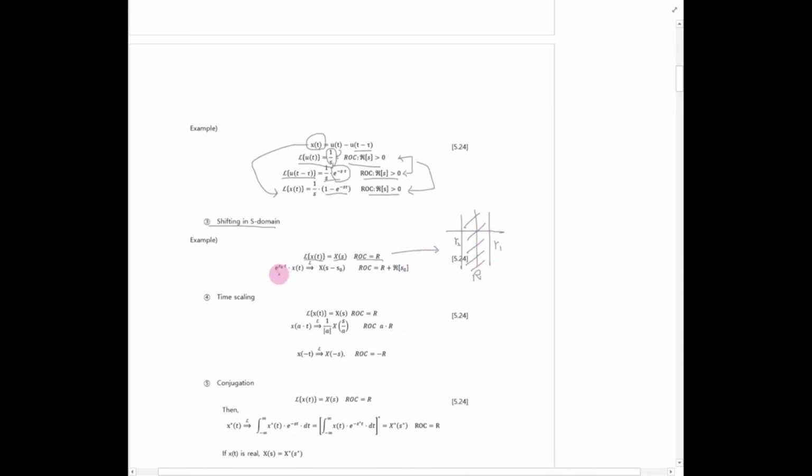And then we would like to take the Laplace transform of this one, shifted in the s domain. By taking the Laplace transform of this function, the integral from minus infinity to infinity of x(t) times e to the minus (s minus s0) t dt is given.